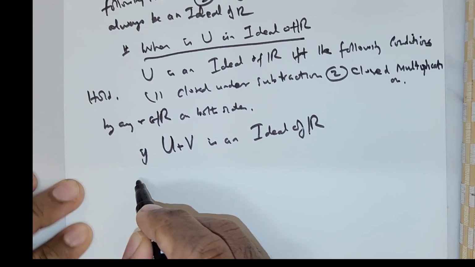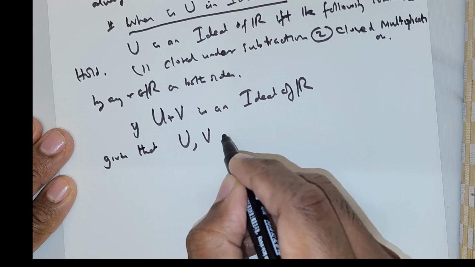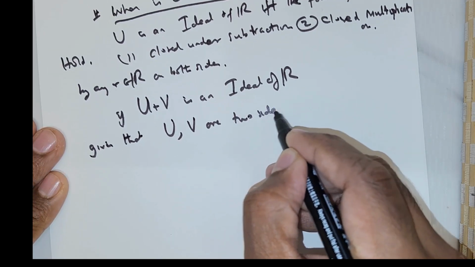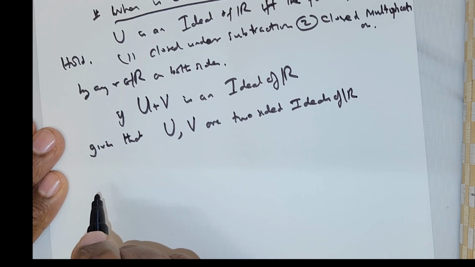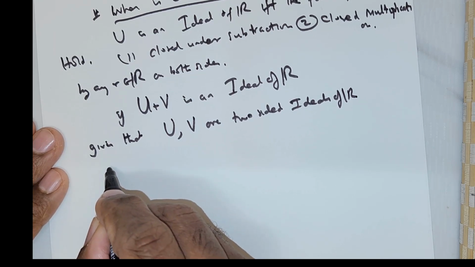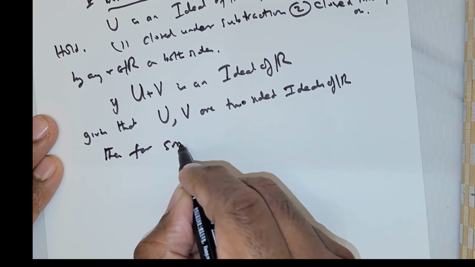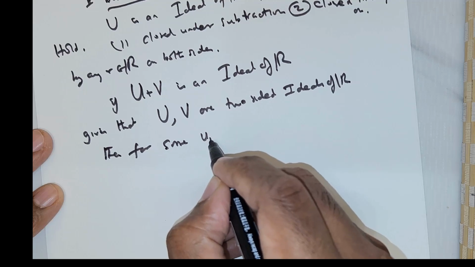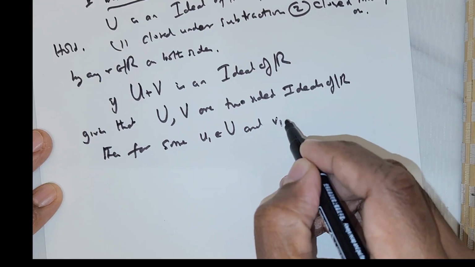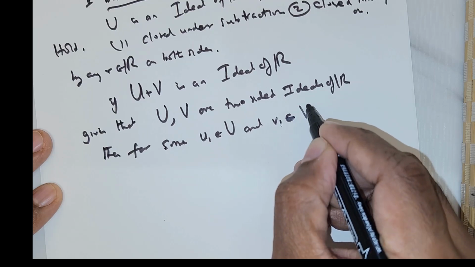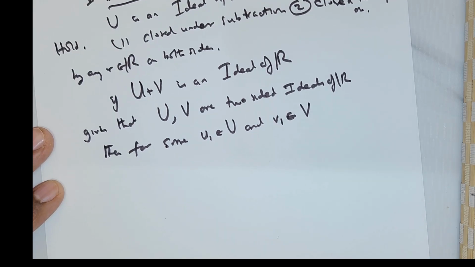Okay, now it is given that U individually and V are two-sided ideals of R. So if this is the situation, then for some U1 element of U and V1 element of V, we will have to test the properties.